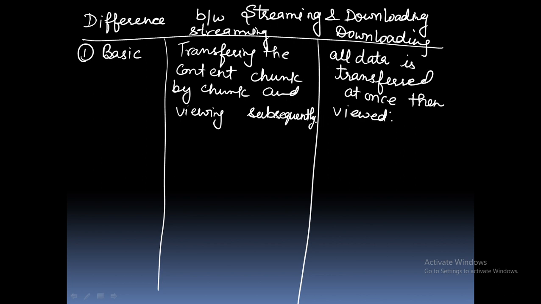That means the first basic difference between streaming and downloading is that in streaming, data transfers the content in parts and is viewed subsequently. But on the other side, downloading is the method used for transferring the data at one time and then viewing it.